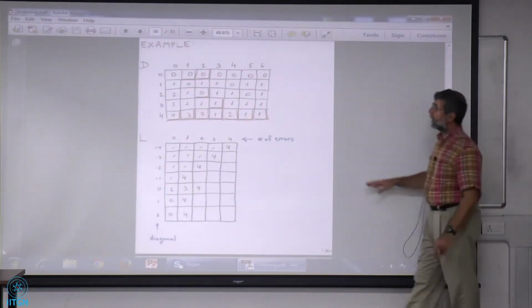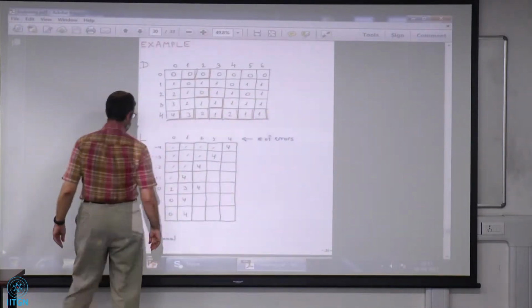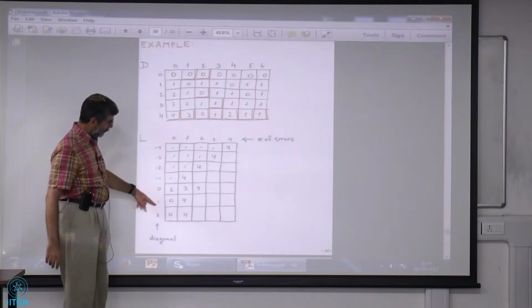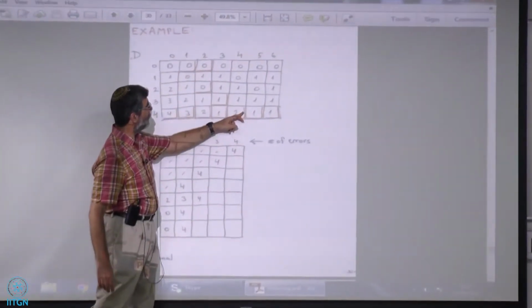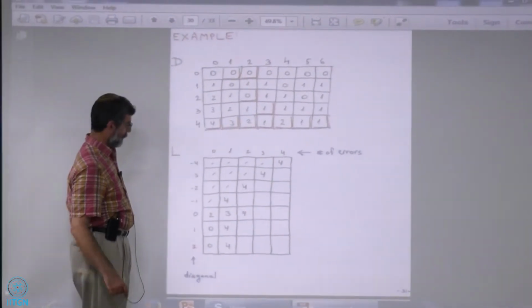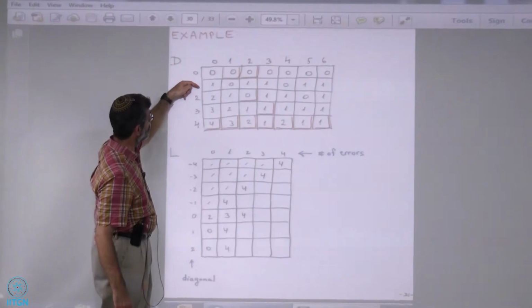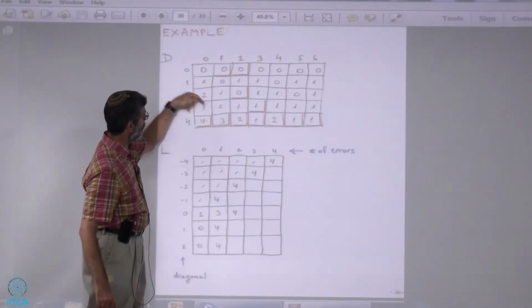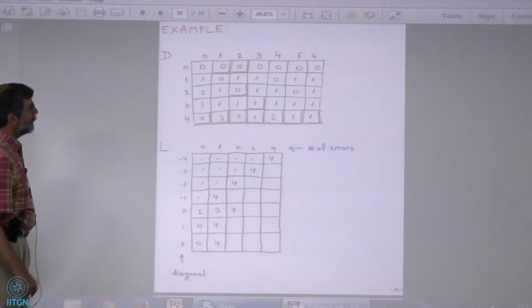So this was our dynamic programming matrix, okay? And our diagonals are, as we said, 0, 1, 2. This is diagonal 0, 1, 2, and minus 1, minus 2, minus 3, minus 4. Okay? So these are the diagonals.